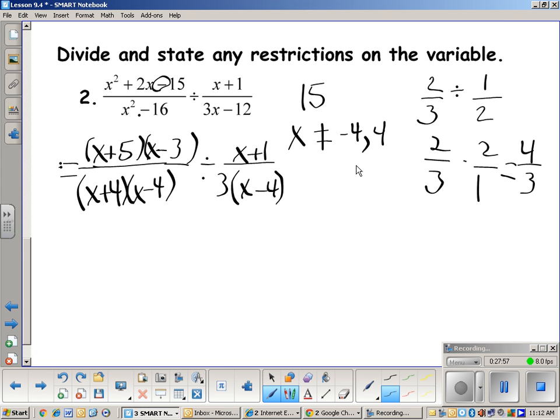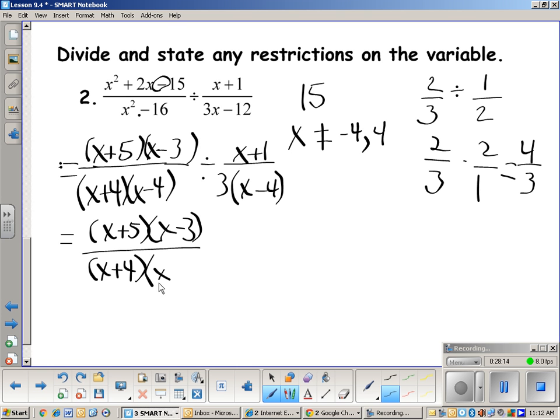Let's rewrite this with flipping our second term over. All right, so we've got x plus 5, x minus 3, x plus 4, x minus 4. Okay, and we're going to multiply, and we're going to flip it.